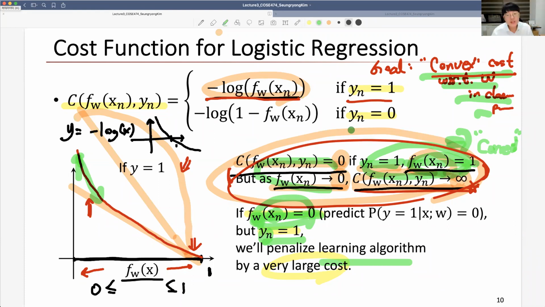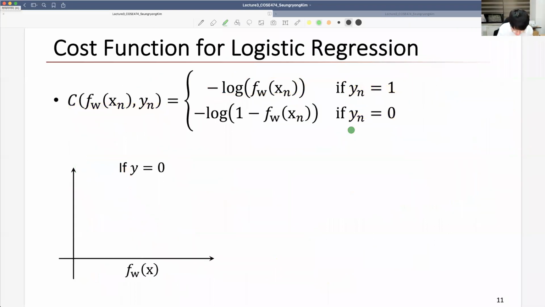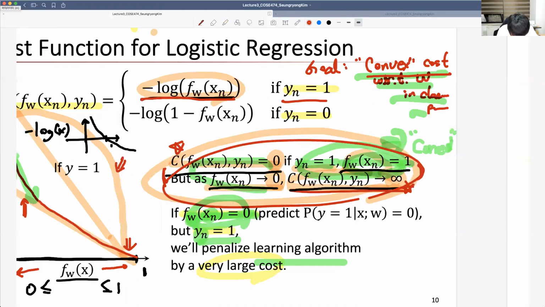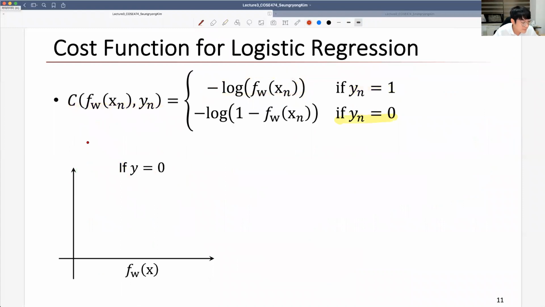So this is one case when yn is equal to 1. And here's another case, yn is equal to 0, right? Then let's think about the desired property. If yn is equal to 1 and f_w(xn) is equal to 1, this is a good estimation, right?